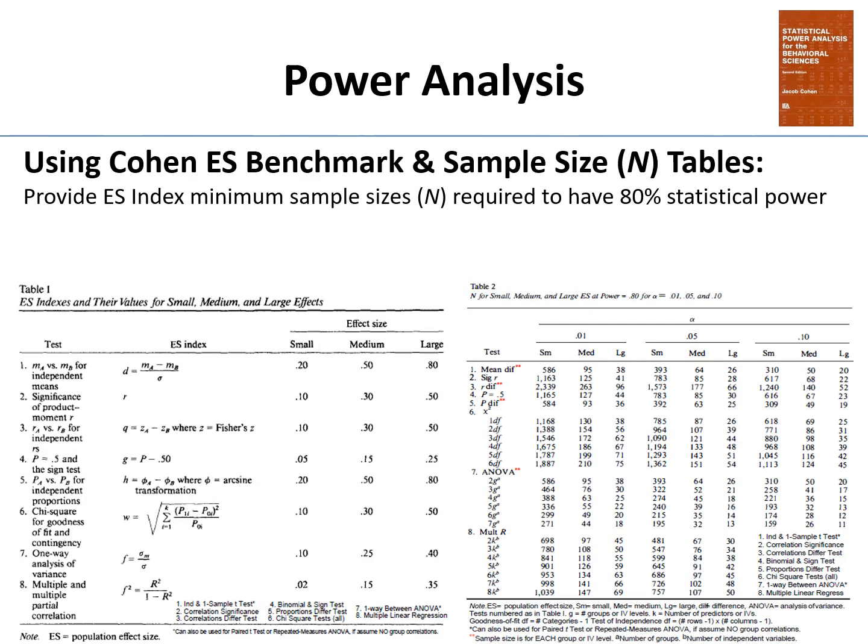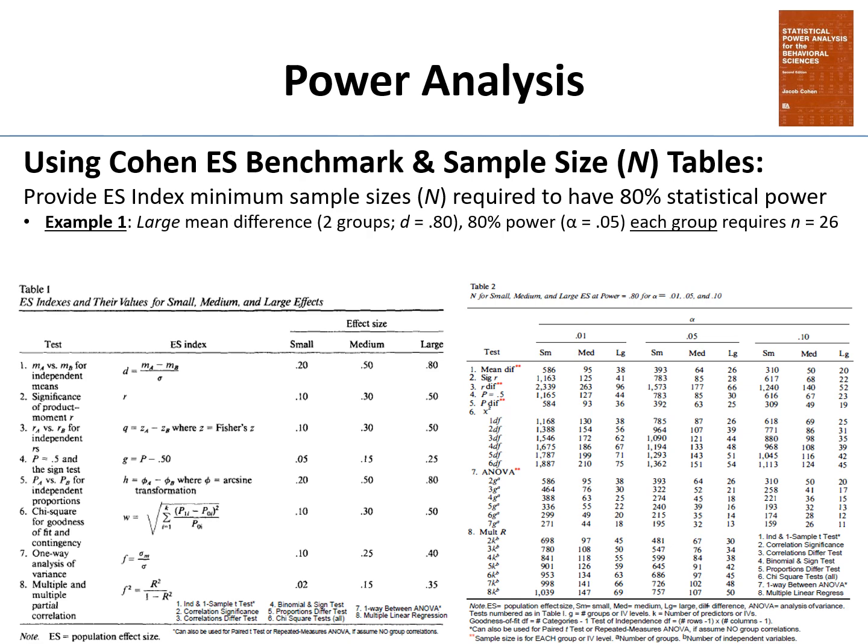So there are the 2 tables right there with some annotations from me to try to make it a little easier. On the left, you have the effect size index values, what are a small, medium, and large effect size. On the right, for different alpha levels, we're going to use 0.05 since that's the convention, you have the required sample size for different statistical analyses in order to have 80% power.